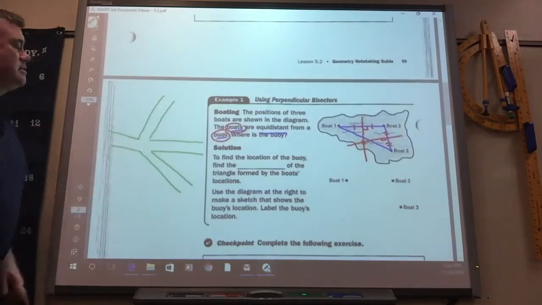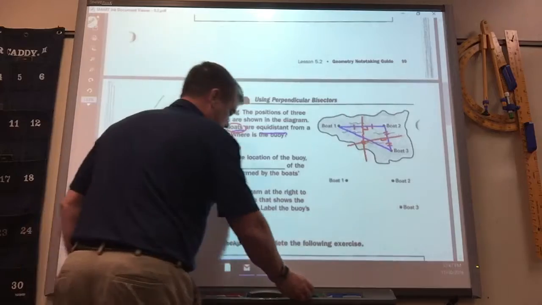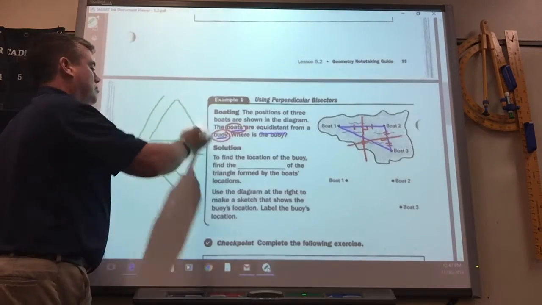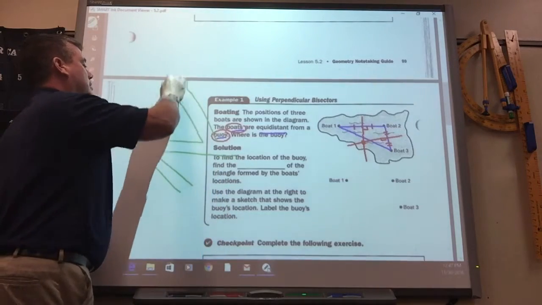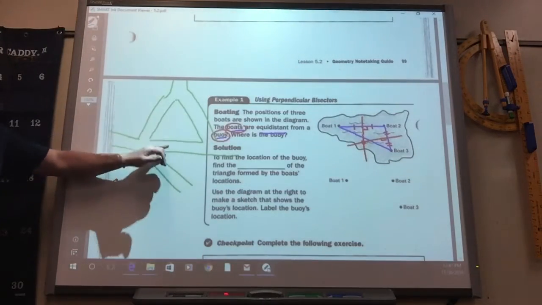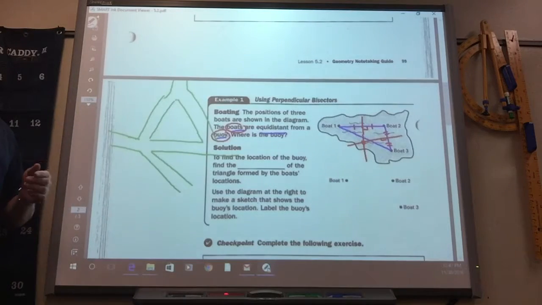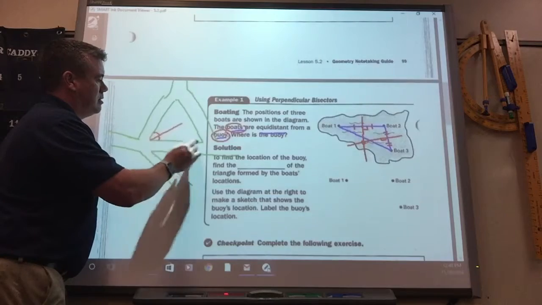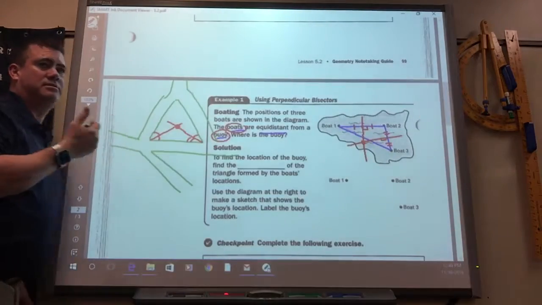And this is a park, and they want to put a monument in this park, and they want it to be the same distance from every road. So it's not from the points, it's from the actual road. Then you would do the angle bisectors. You just sketch in one, sketch in another, and that's where the monument should be.